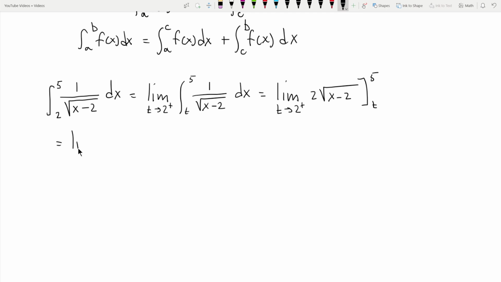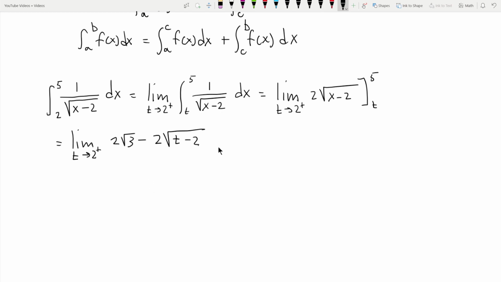So this is going to be the limit as t goes to 2 from the right. If I put in the 5, I've got 2 times the square root of 5 minus 2. So that's 2 times the square root of 3 minus 2 times the square root of t minus 2.